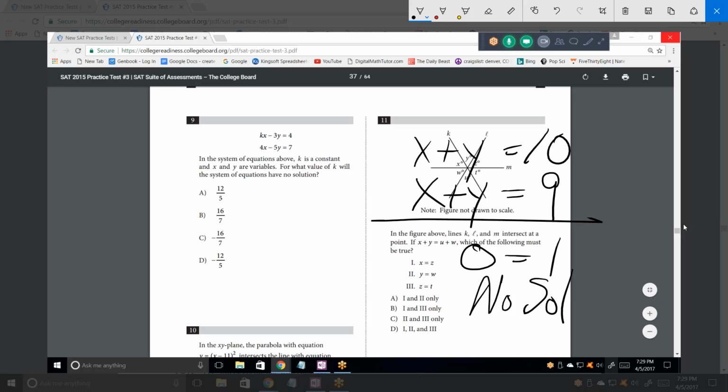Okay? So the question is, if I add these two equations, I get kx plus 4x minus 8y equals 11, which is k plus 4 times x minus 8y equals 11.